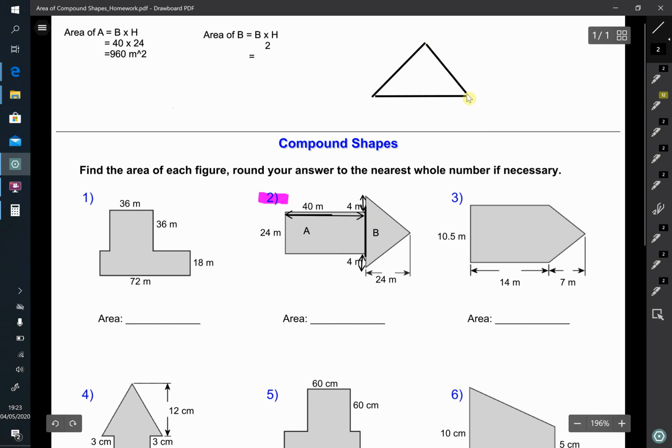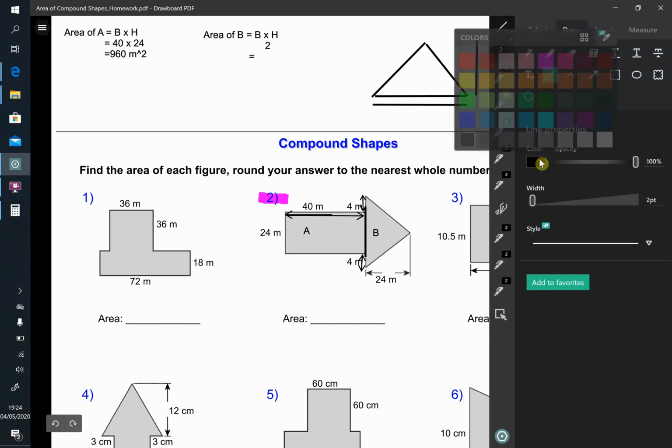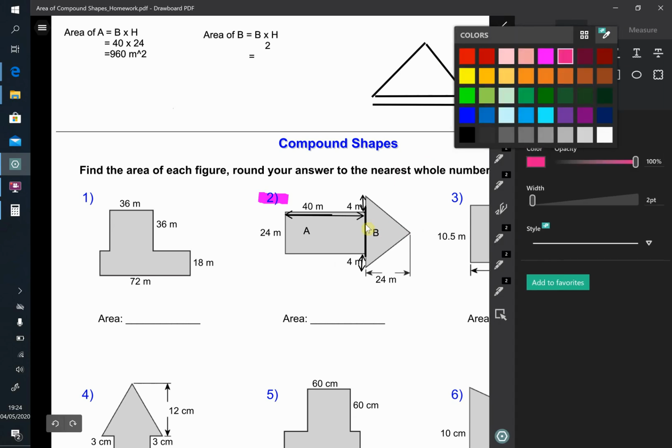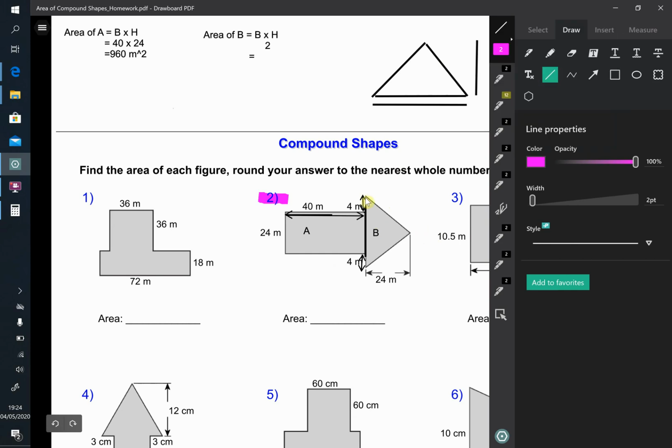Remember, it's always how wide is the shape and how tall it is, how high it is, what is its height. Right now the shape is lopsided, 90 degrees to the right. So if I use a different color, I like this color, if I have to see how wide the shape is, I can say the width.